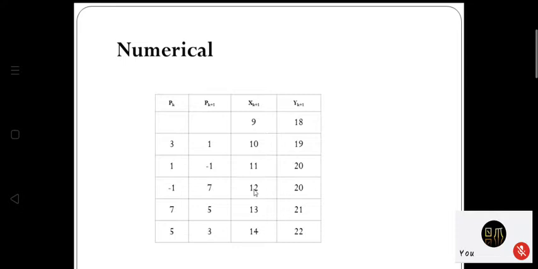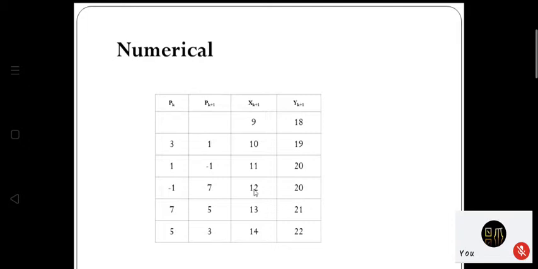Then the new x and y coordinates: x of k plus 1 and y of k plus 1, the new x and y coordinate values. Initially the x and y coordinate value was 9 comma 18, which is already given in the question. So you are simply going to leave it there, and from the next iteration you are going to start performing it.